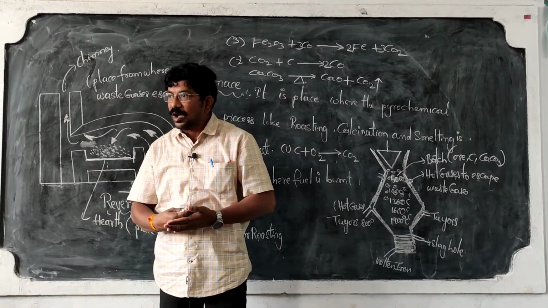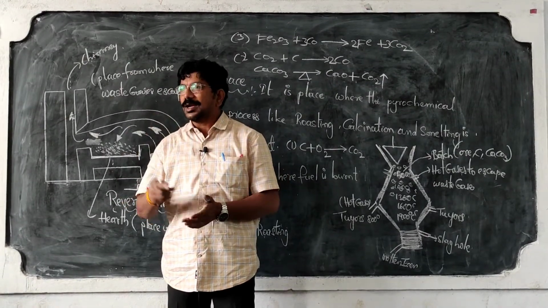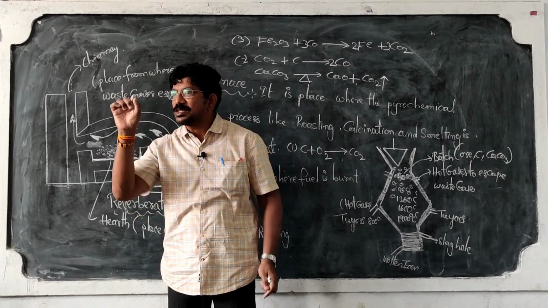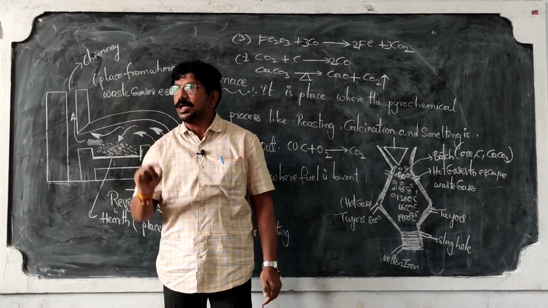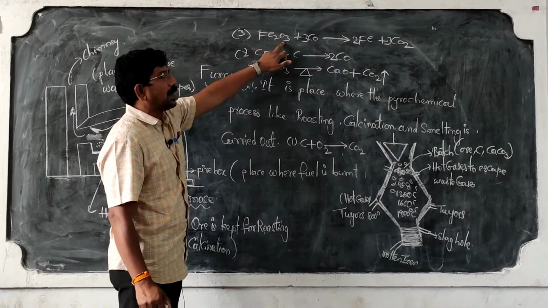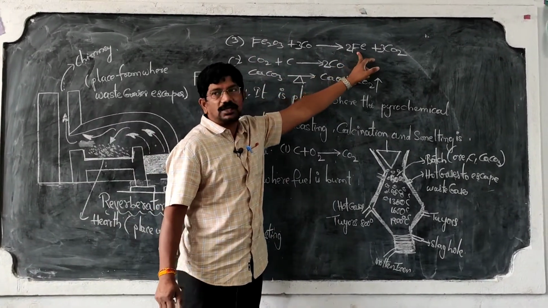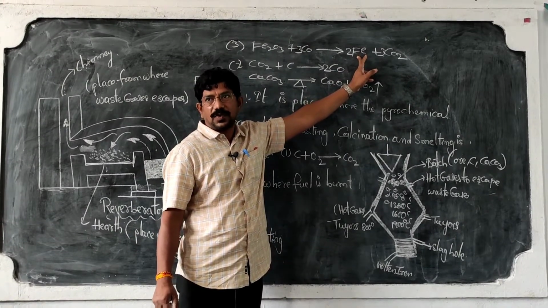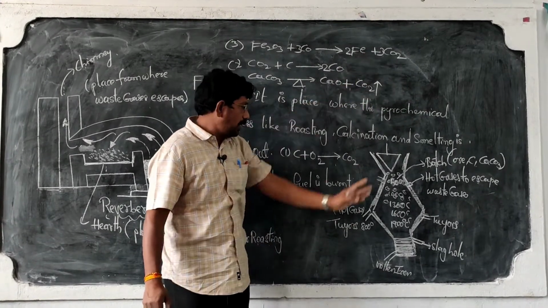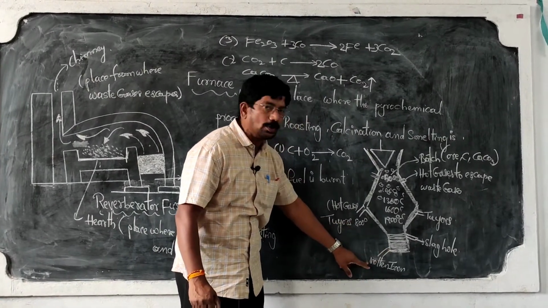Once carbon monoxide is formed, that carbon monoxide serves as the reducing agent. So it removes the oxygen from hematite, iron oxide. Oxygen is removed and molten iron is formed in the blast furnace. Are you clear about that one? This molten iron is collected from the bottom from a separate hole.